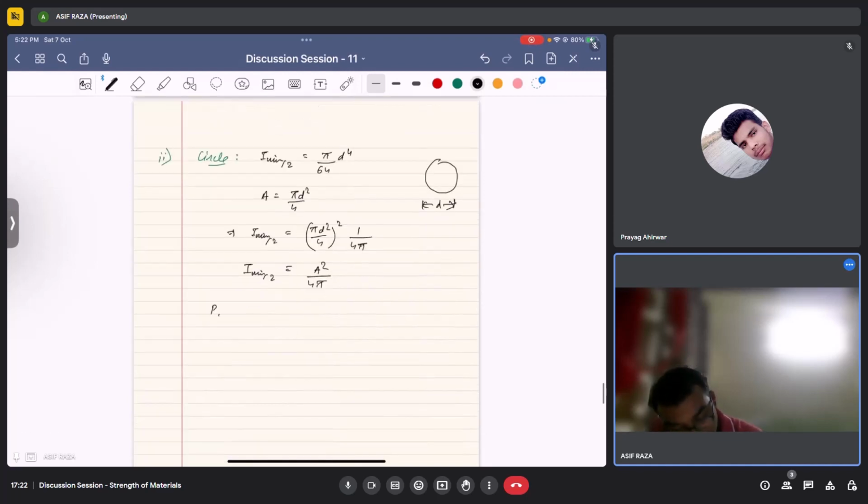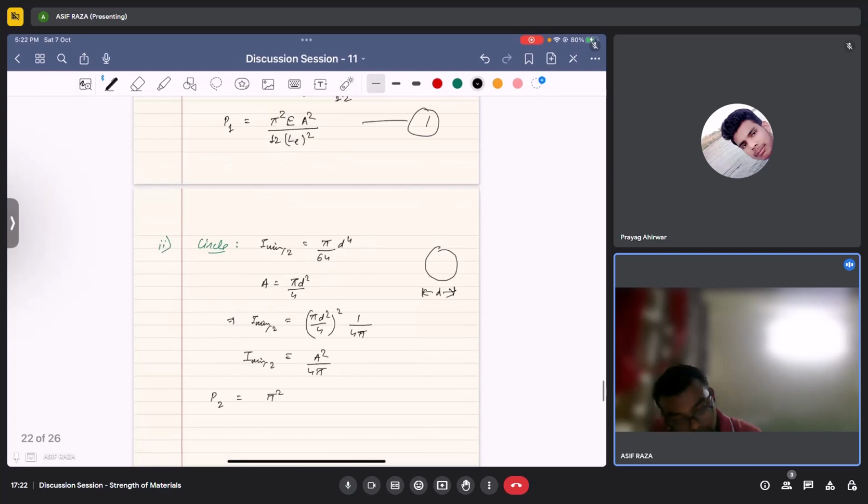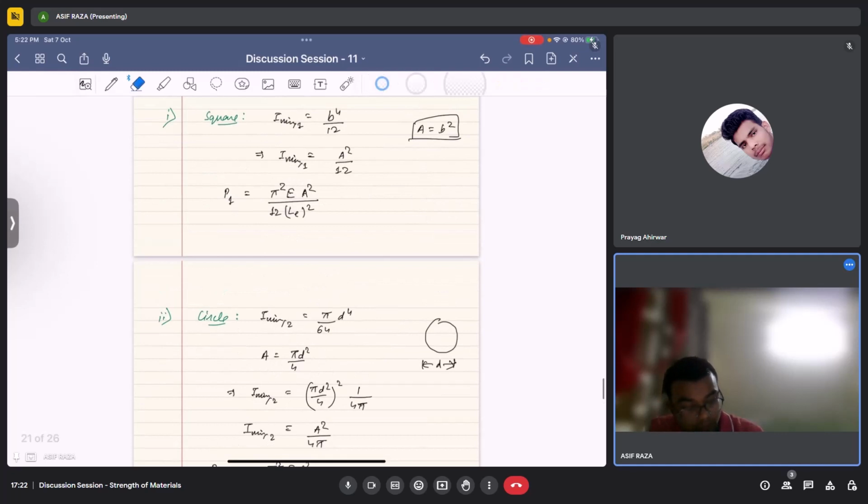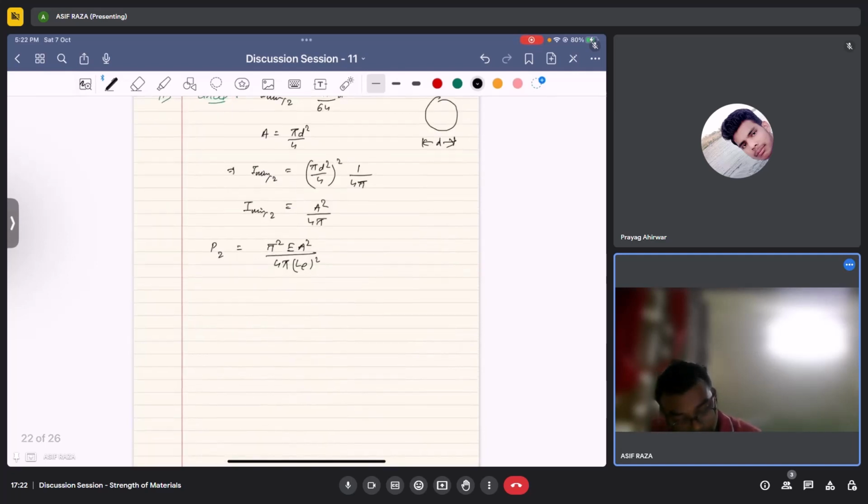Thus my P2 will be pi square E A square upon 4 pi LE square. So P1 is 1 upon 12 pi square E A square upon LE square, and P2 is 1 upon 4 pi, pi square E A square upon LE square.